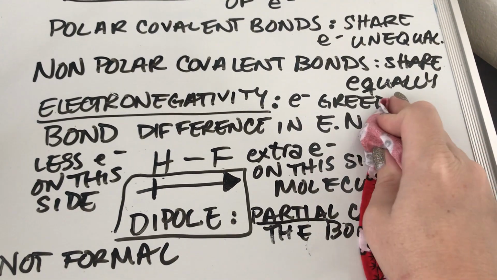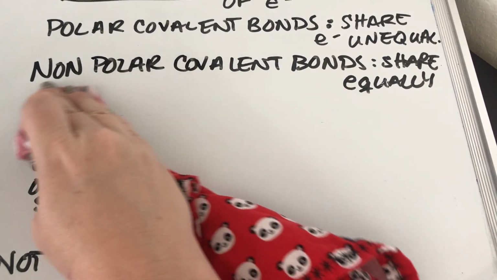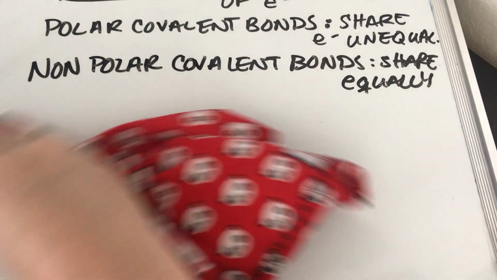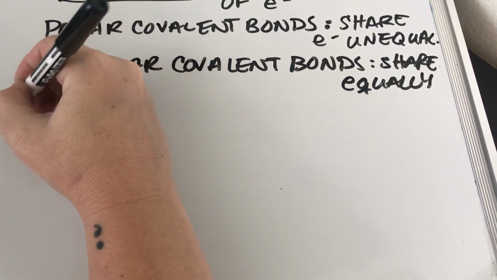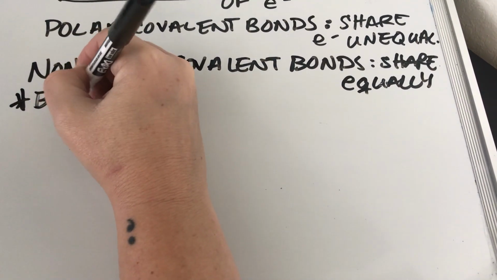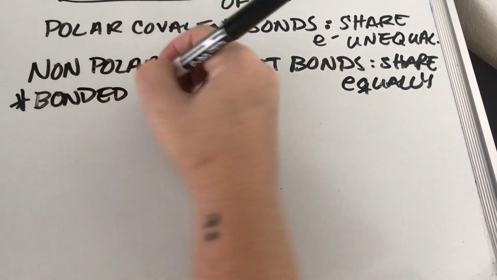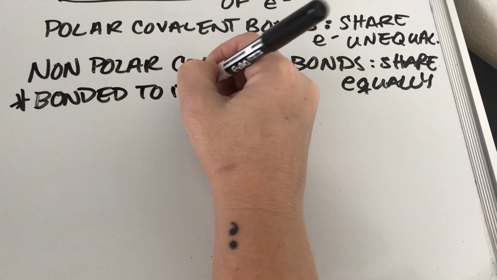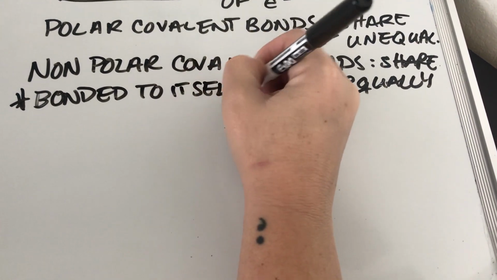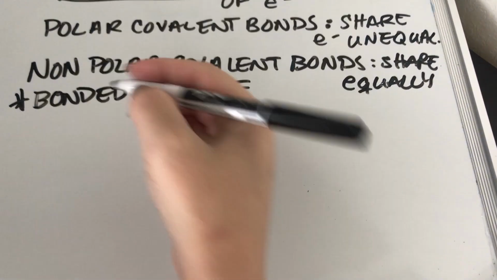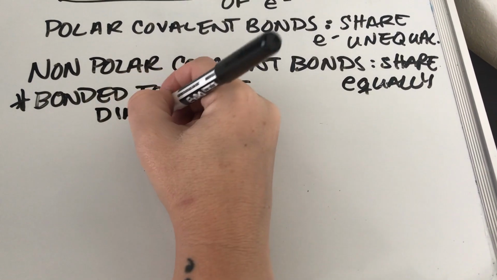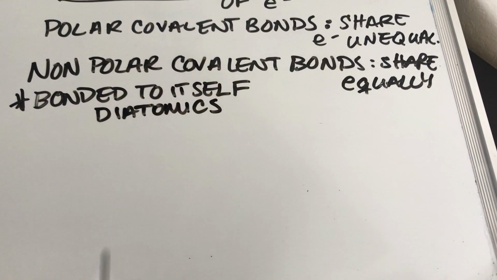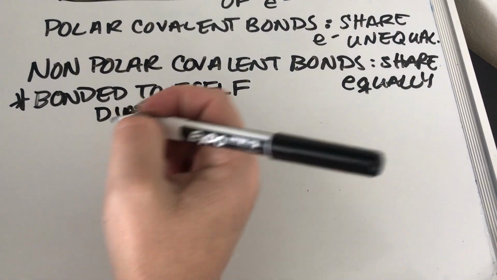Cool. So let's talk about who will always be nonpolar for our purposes. Anything bonded to itself. So examples of this would be diatomics. Right? It's not the only example, but it's a common example.